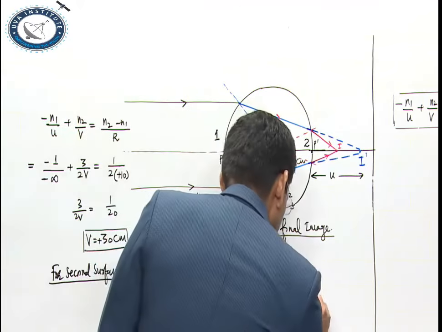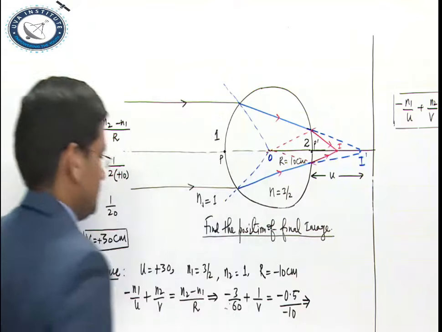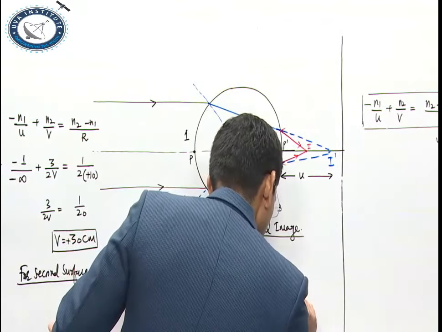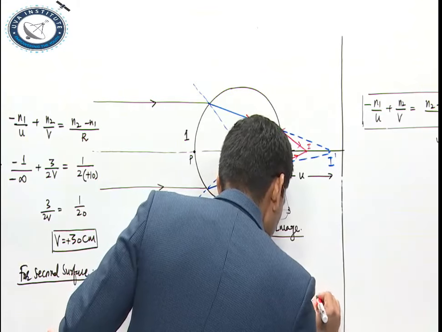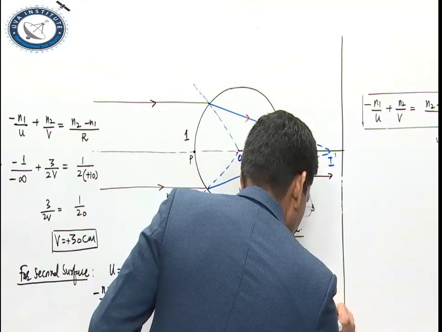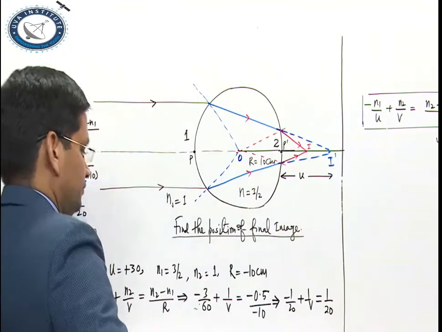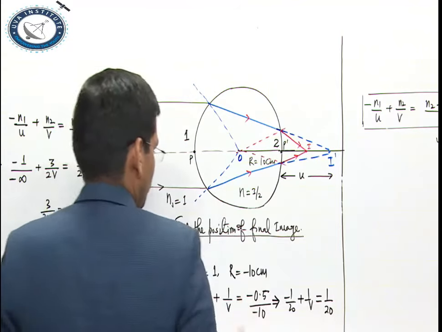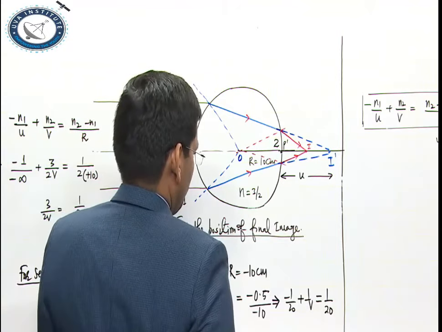So, from this what implies? From this you have minus 1 by 20 plus 1 by v is equal to 1 by 20.